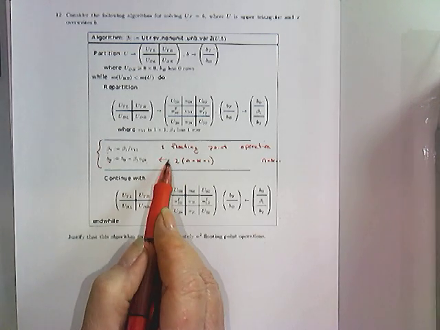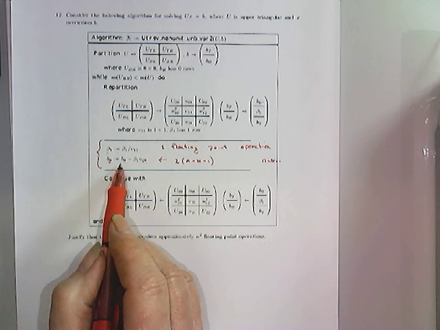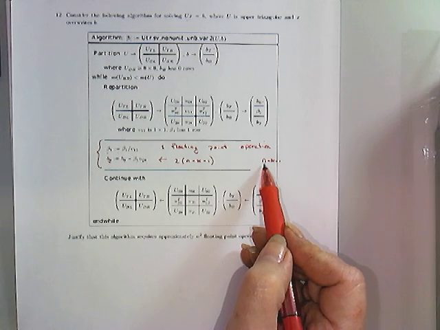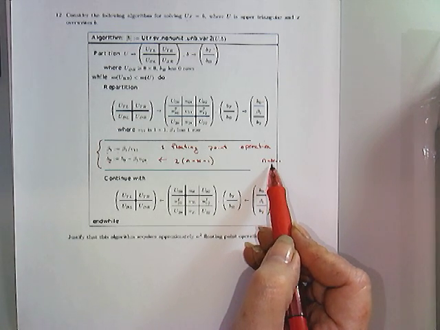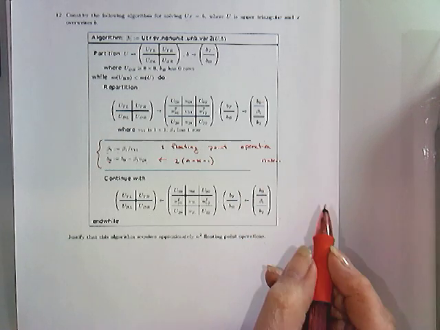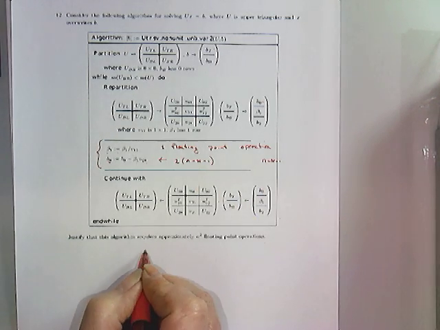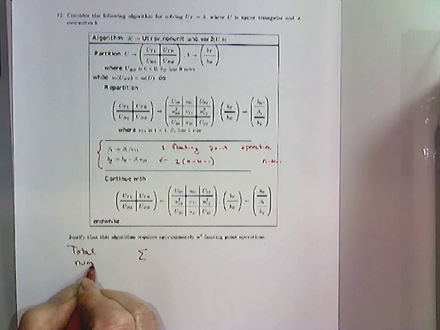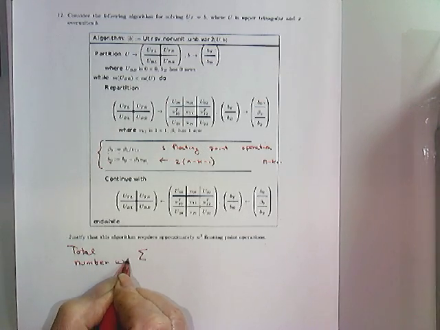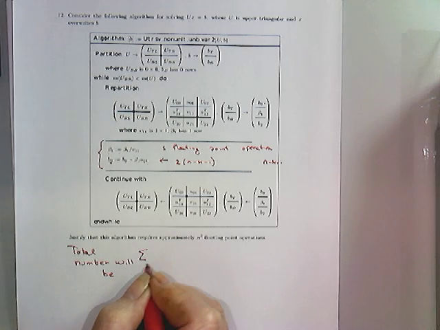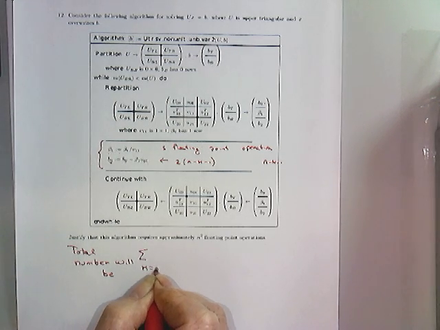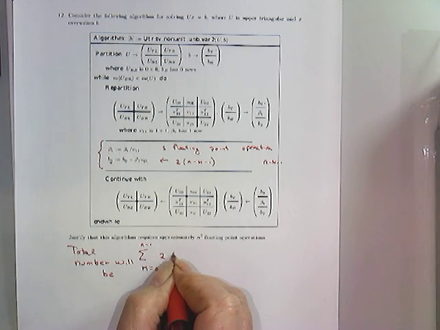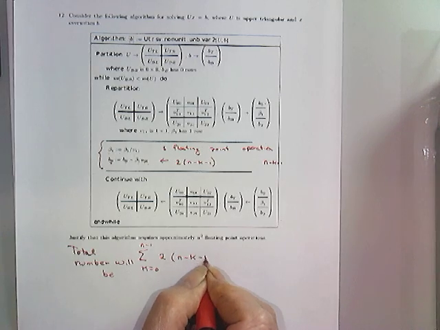This is true for every one of the iterations, and that would mean where k ranges from 0 to n minus 1. So the total number of floating point operations will be the sum, k from 0 to n minus 1, of 2 times (n minus k minus 1).